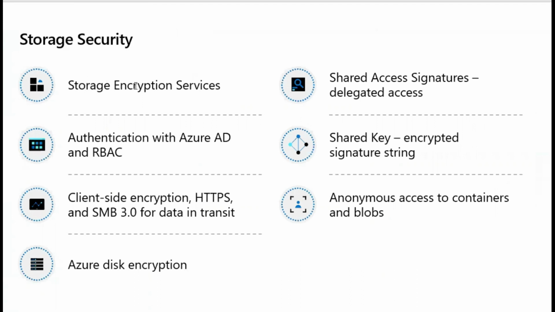Storage security: we have storage encryption services, authentication with Azure AD and RBAC, client-side encryption, HTTPS and SMB 3.0 for data in transit, Azure disk encryption, and shared access signatures, delegated access, shared key, encrypted signature string, anonymous access to containers and blobs. So this kind of security steps we're going to look at now.